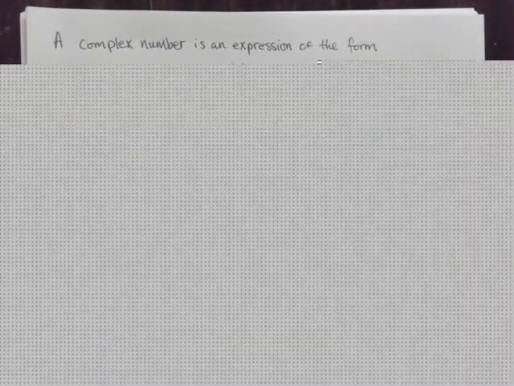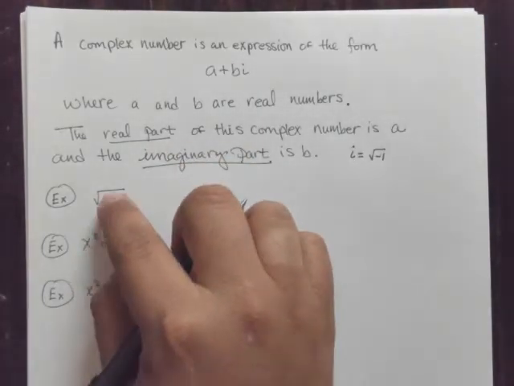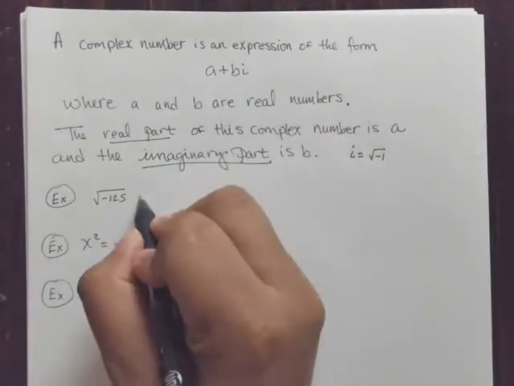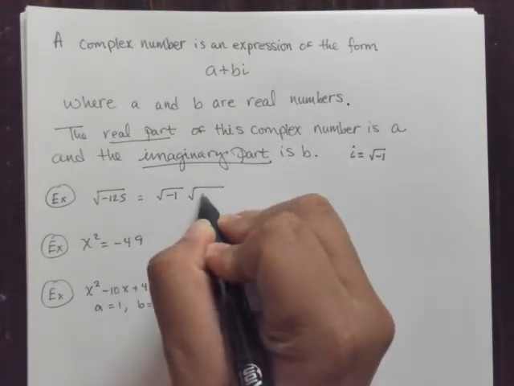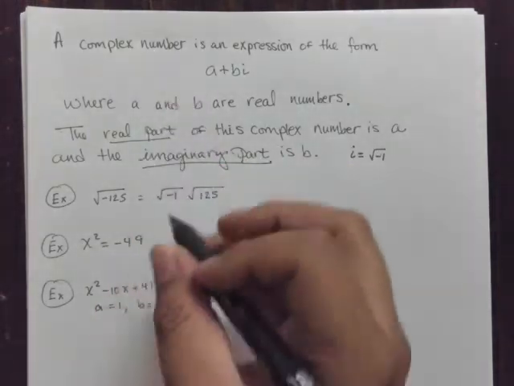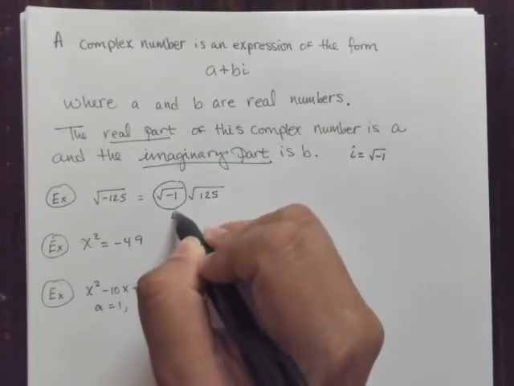All right, so let's start off with a few examples, and they're really not that bad. They're actually very simple. So what is the square root of -125? Well, I think what we can do is break this up as the square root of -1 and the square root of 125. That might be the easiest thing to do. Now, keep in mind that this part right here is what we're calling i.